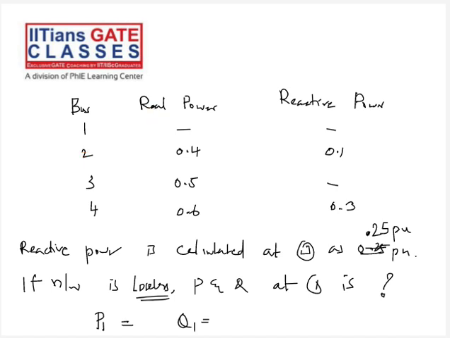So let's look at the given situation, right? For bus number one, we know neither P nor Q, so this is the slack bus. Here we know both P and Q, so this is a load bus. Here we only know P, so this is a generator bus, and here we know both P and Q, so this is a load bus, right?